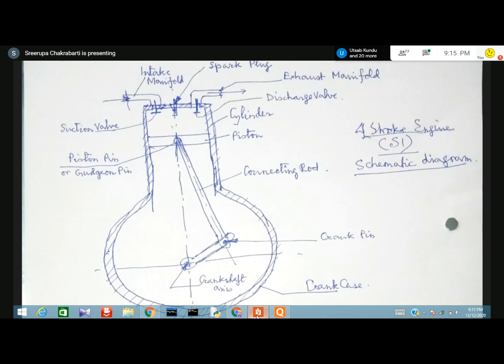Of course, the later, more advanced next-generation technology will be if we can make the power transmitted from rotation to rotation. Here we are transmitting it from reciprocation to rotation.